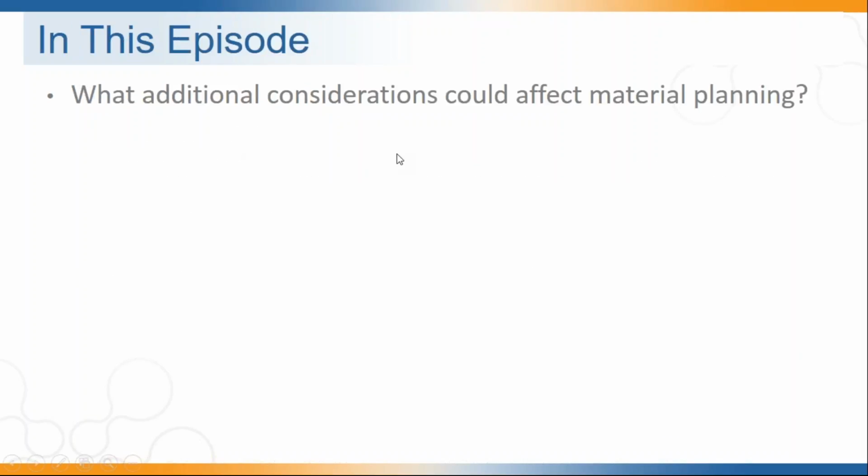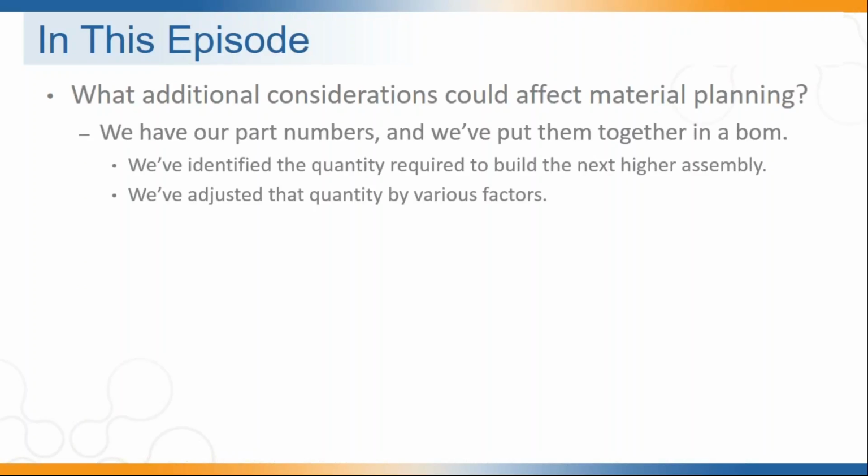So what additional considerations about part numbers and bills of material could affect material planning, the MRP part of the ERP system? As you've seen, we have our part numbers. We've put them together into that bill of material structure, and our bill of material has identified the specific quantity that's required to build the next higher assembly, whether that be a sub-assembly or the finished goods.